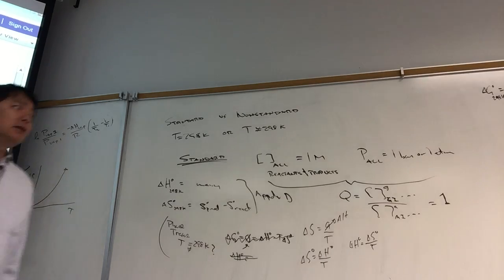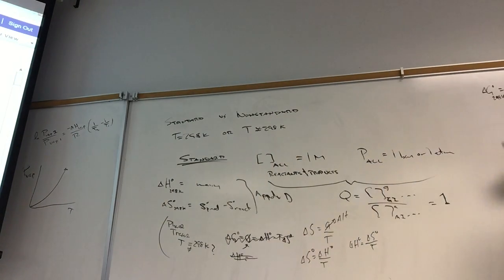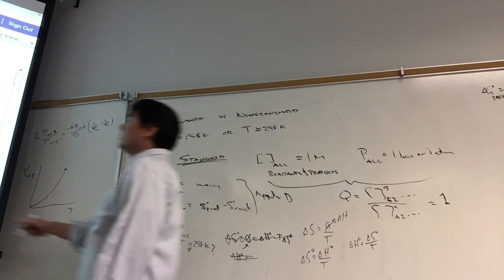Probably the easiest way of calculating delta G is by using delta G's of formation, just like delta H. If we use delta G's of formation, we just take the sum of nu, which is the moles of a product, the molar coefficient there, times the delta G's of formation of the products, minus the sum of nu of the reactants times delta G of formation of the reactants. And so this calculation is pretty much the same as your delta H calculation using delta H's of formation.